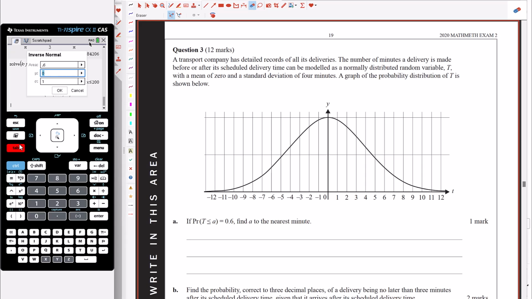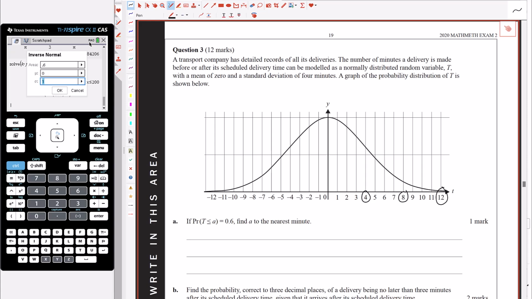Mean, we can see from the, oh, okay. So only should be variable t. Okay, the mean is 0. Now, I suspect that we're meant to assume that 12 is 3 standard deviations from the mean, and so therefore 1 standard deviation is 4.